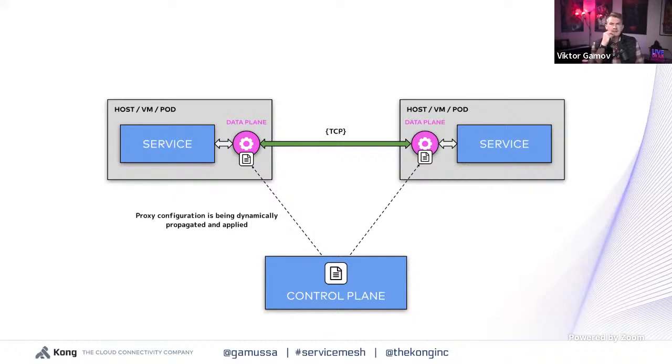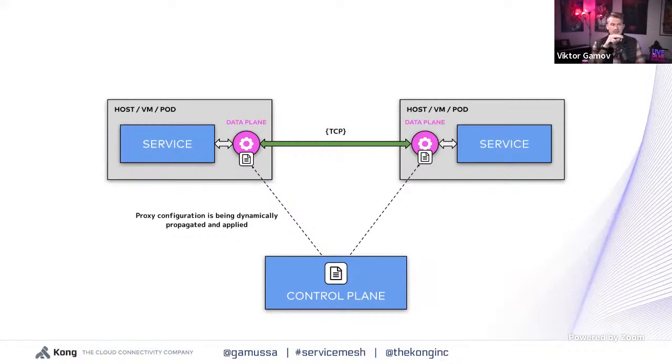Now, with proxies, they are on the execution path. So data planes are a part of the execution path, but the control plane is not. So the control plane can be down for maintenance, or there can be partial network partitioning between data plane and control plane, and that allows your system to stay resilient.